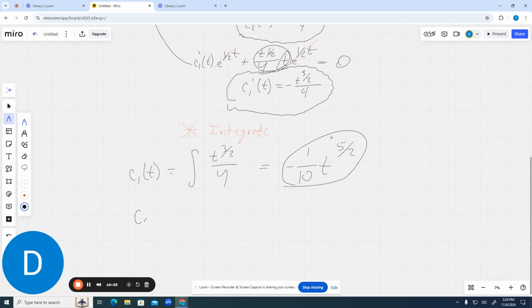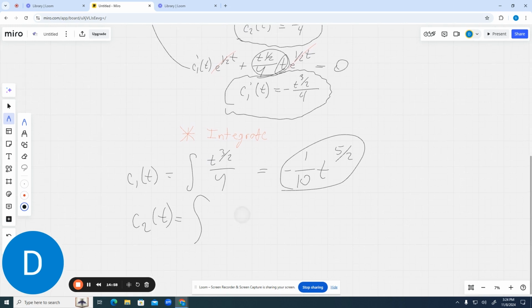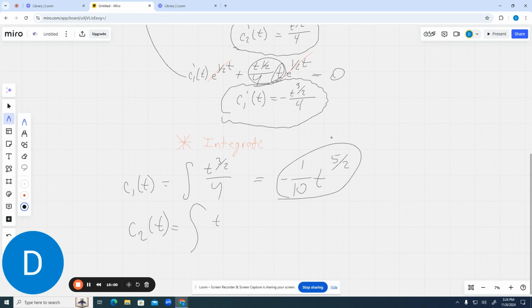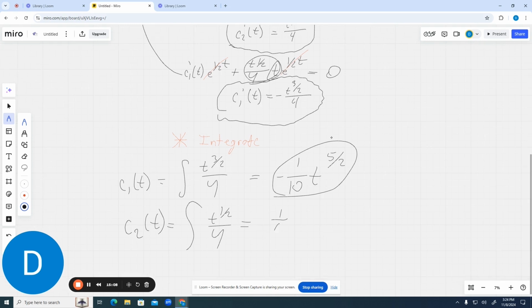Our C2, when we integrate, we are going to take the integral of t to the 1/2 over 4. And this is 1/6 t to the 3/2. And that is our C2 of t, right?